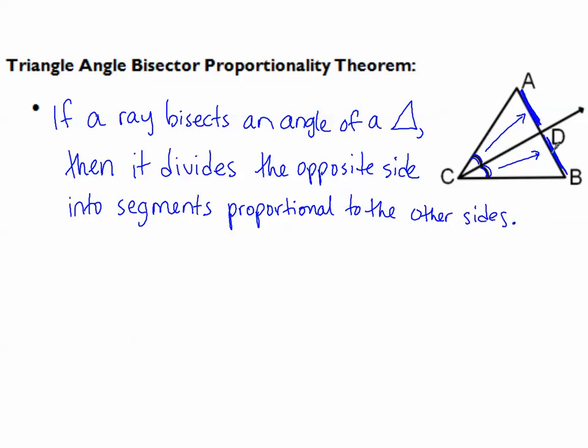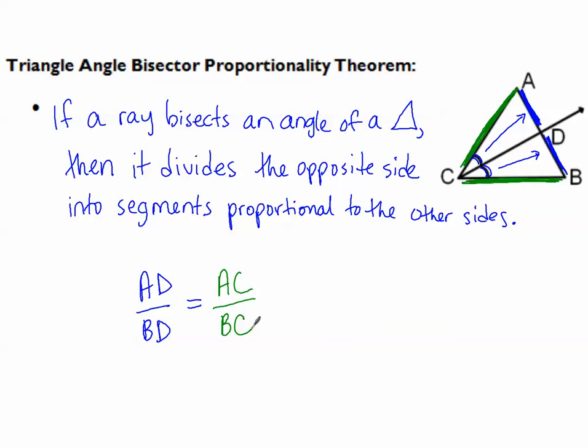These two little segments, AD and BD, on the side that's divided opposite the bisected angle, will have the same ratio as the other sides. So AD is the segment on top, so we'll go with the side that's on top, AC. BD is the segment on the bottom, so we'll go with the side that's on the bottom, BC.